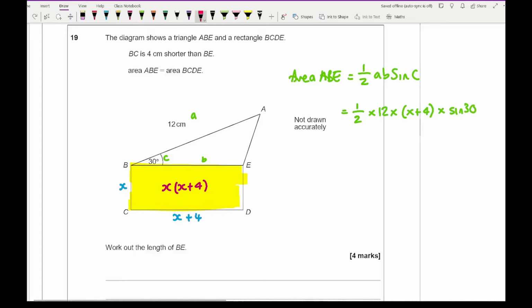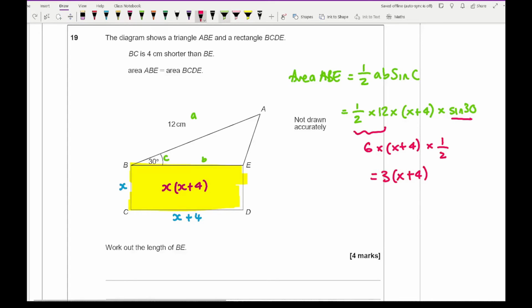Now simplifying this, a half times 12 is 6, so I've got 6 times x plus 4, and I also know that sine 30 is a half. So what I end up with is that all of this equals 3 times x plus 4.